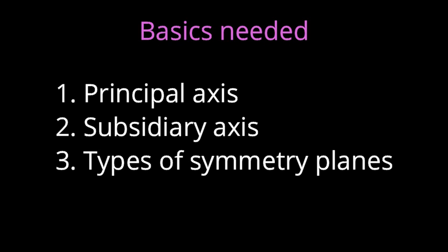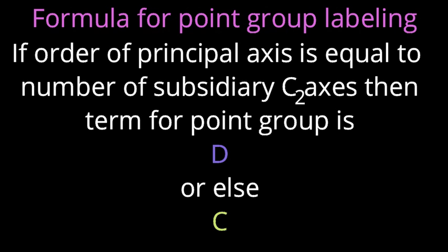Now I tell you one formula. Principal axis has one order, say n is a order. Subsidiary axis, number of subsidiary axis, that may be any number x, y, z or n also may be possible. And planes we label as sigma h means horizontal, sigma v means vertical, sigma d means dihedral.